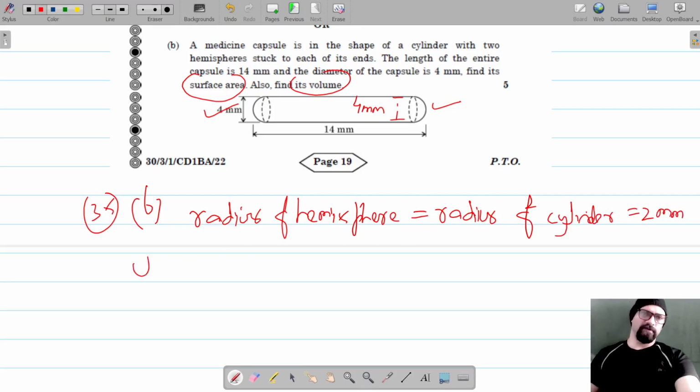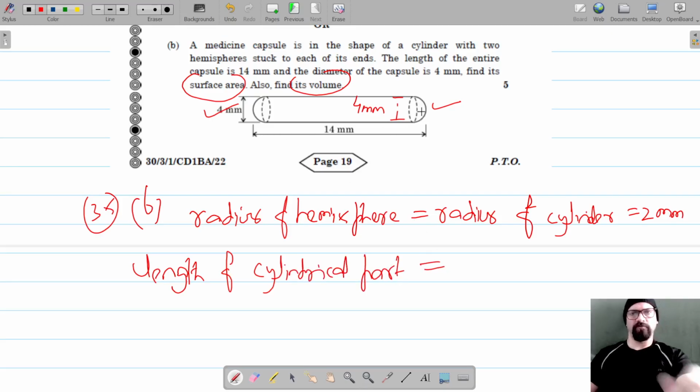Now the length of the cylindrical part. The total length is 14, and this radius is 2 mm here. So if we subtract 2 mm from both the ends, we are left with the length of the cylindrical part. So 14 minus 4 is equal to 10 mm is the length of the cylindrical part.